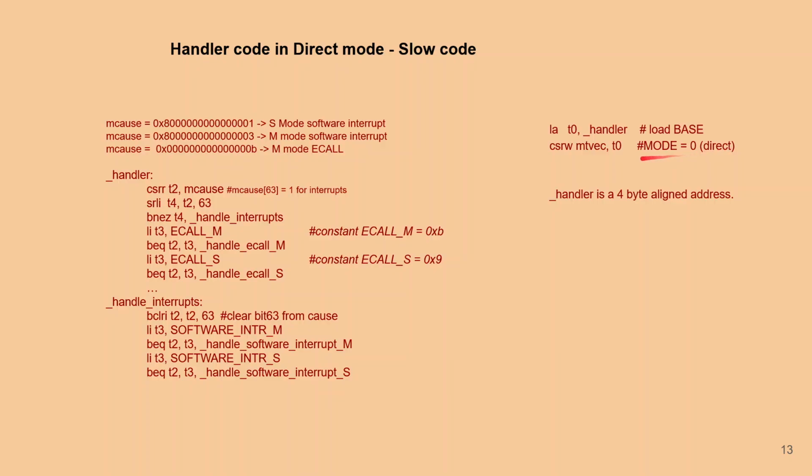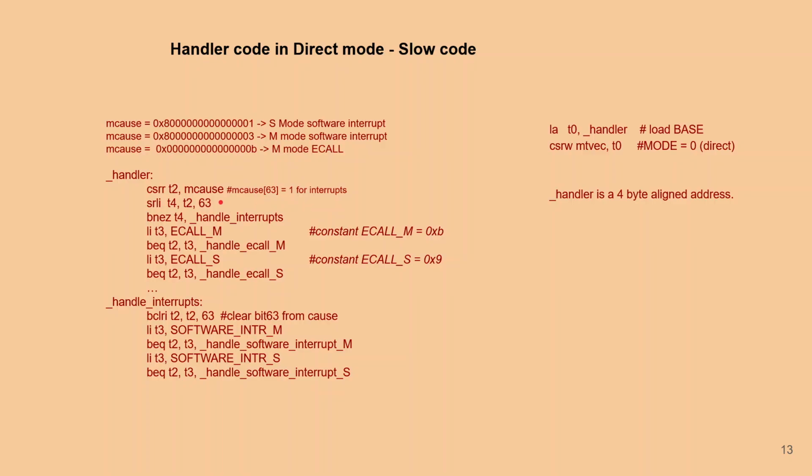In this case, whether the CPU encounters an interrupt or an exception, it has the same entry point in the handler. The handler now has to decode the mcause register and branch to the appropriate handler.